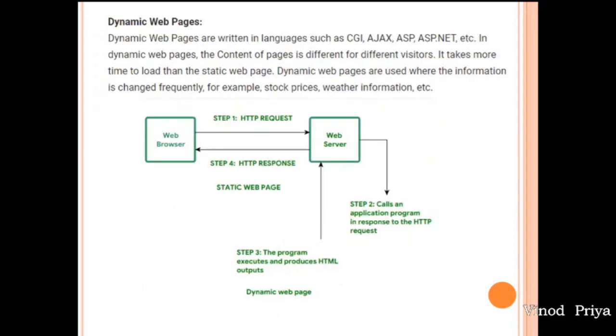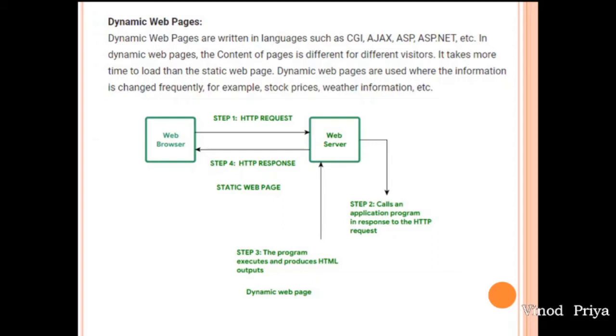Moving on to the dynamic web page, as you can see, there is a slight difference in the graph. There are more steps added to the picture. A dynamic web page is a web page that keeps on changing, forever changing. It's never the same. It might be different for another user, and it might not be the same as what you are seeing.